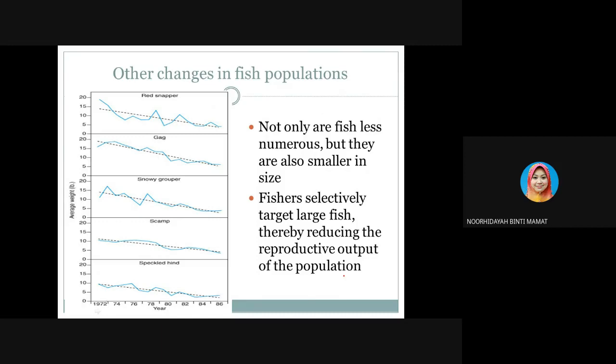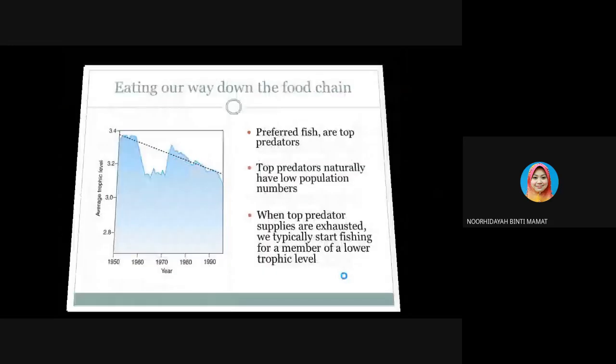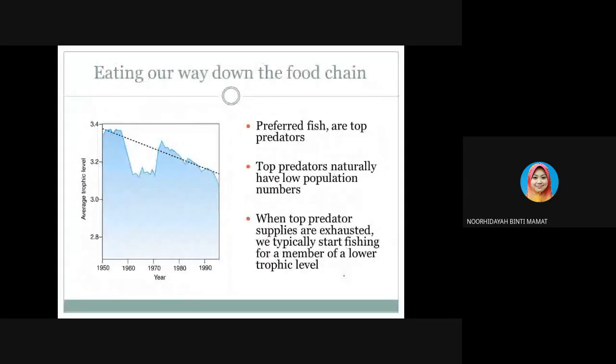Because humans are the top predator, we always catch the preferred species, eating our way down the food chain. The preferred fish are top predators, and top predators naturally have low population numbers. When top predator supplies are exhausted, humans will typically start fishing for members of a lower trophic level.